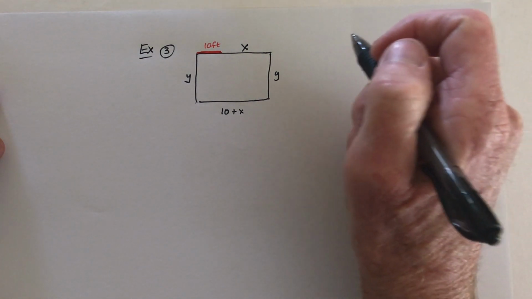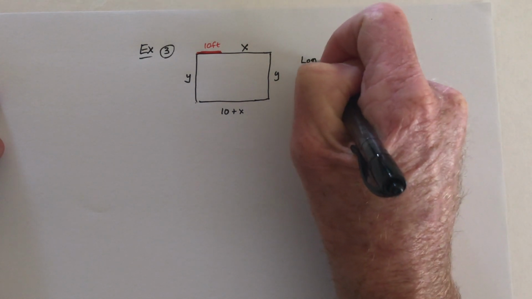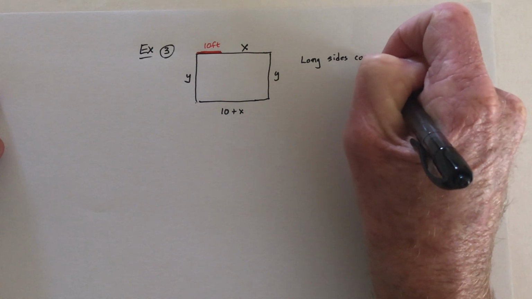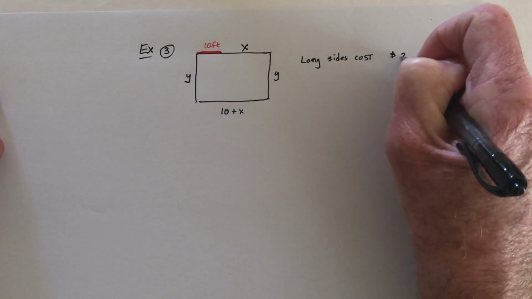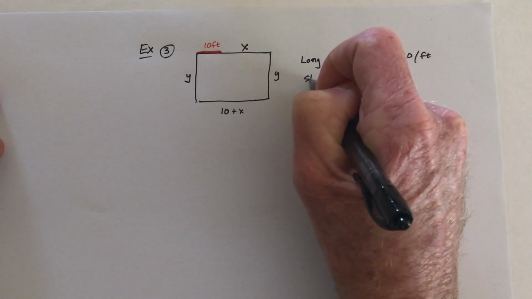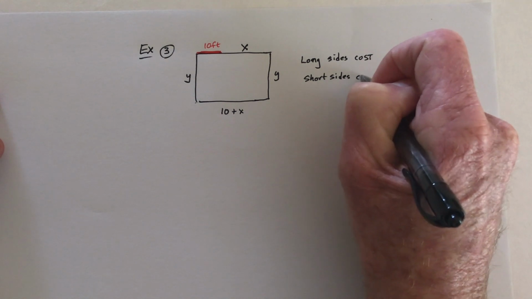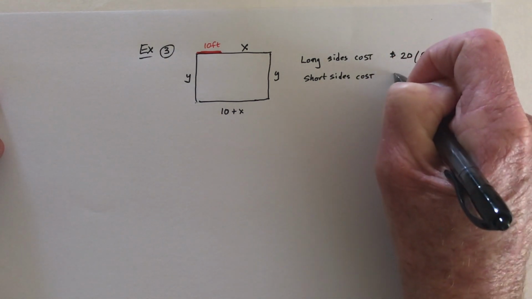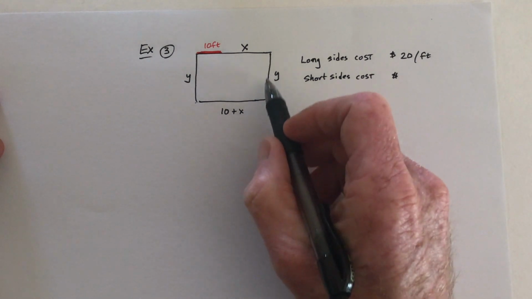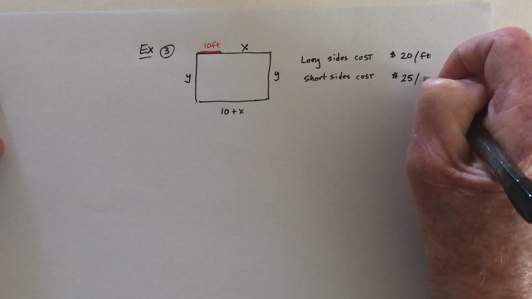And then with this one, it's going to be that the long sides they're made out of something cheaper that costs $20 a foot. And the short sides, for whatever reason, they cost a little bit more. They're made out of a little bit fancier material. Perhaps they have to have a gate built into them. So those are going to cost a little bit more. They're going to cost $25 per foot.